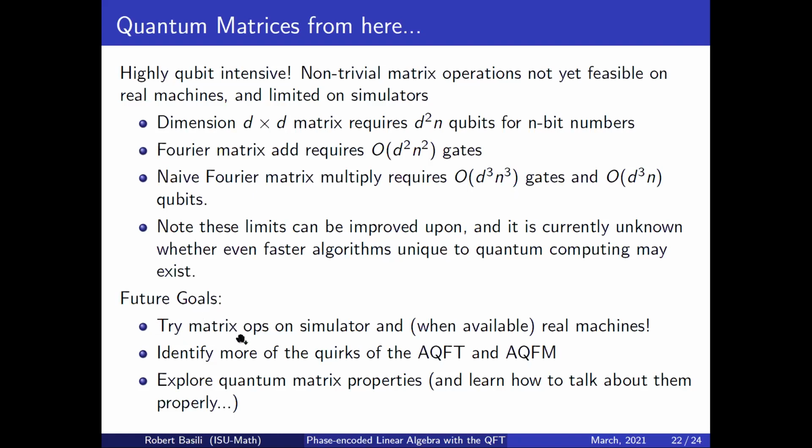Other things I'm pushing towards is doing more matrix operations on the simulator, and hopefully eventually on real machines, and we are in the process of identifying more of the details of these approximation steps that we've been doing.